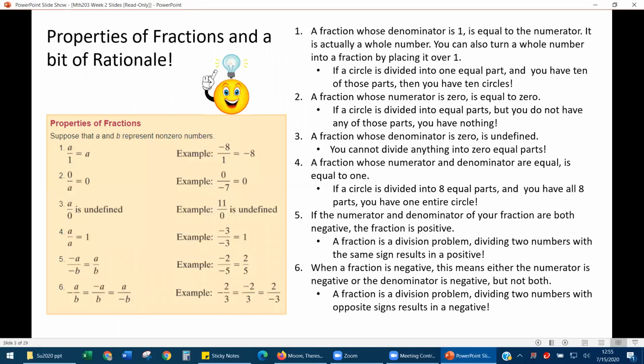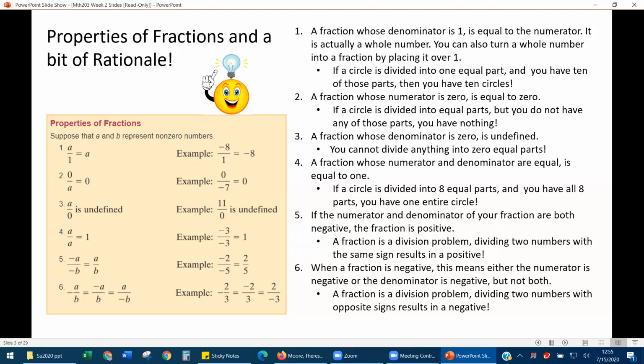So some properties. If your fraction has a denominator of 1, it is equal to the numerator. So it would be the whole number. If you have 2 over 1, your fraction is equal to 2.